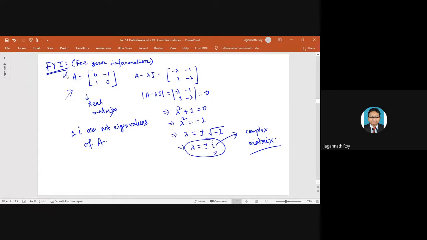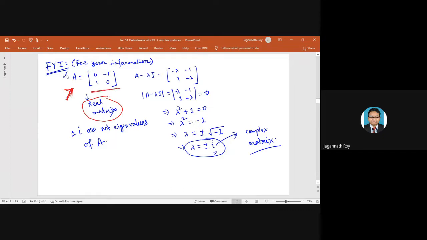If we have this matrix, a 2 by 2 matrix, just for your information, this is a real matrix. This matrix is defined over the real numbers.